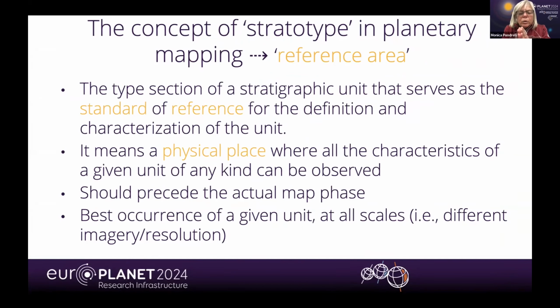On Earth, when you start to perform geological mapping, first you go and look at a physical place, which is called a stratotype, where all the characteristics of a given unit are nicely exposed and are very well described in some papers. So you will be fully aware of what you are going to do. You will have a clear mind of your units before starting to map. Then mapping will be easy.